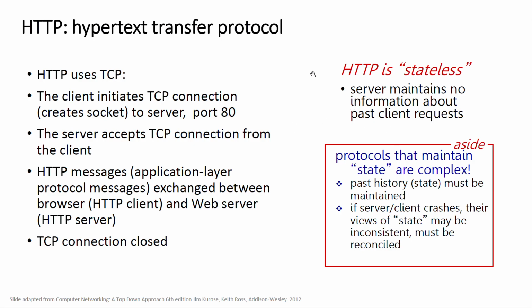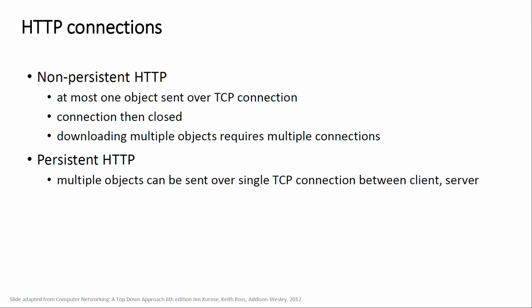This is because we need speed, and we need a protocol that isn't complex. If you design a protocol that maintains state, it becomes really complex, because past history and state must be maintained. If the server or client crashes, their views of state may be inconsistent, so they must be reconciled and so on. HTTP connections can be divided into two categories, non-persistent and persistent HTTP.